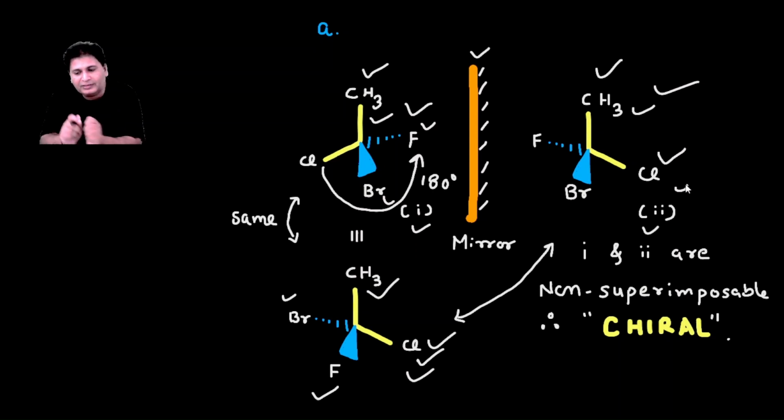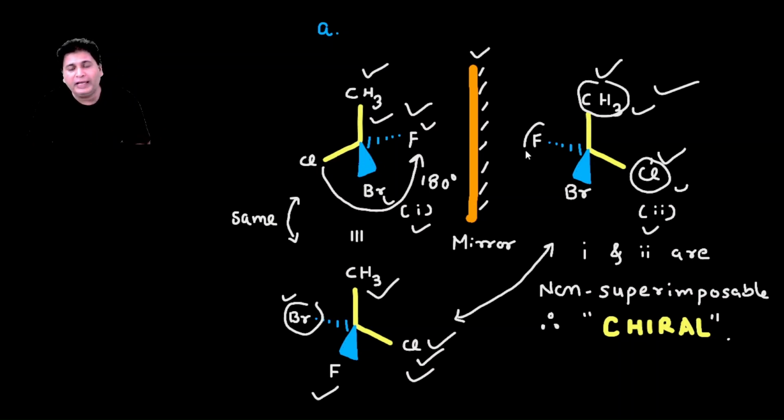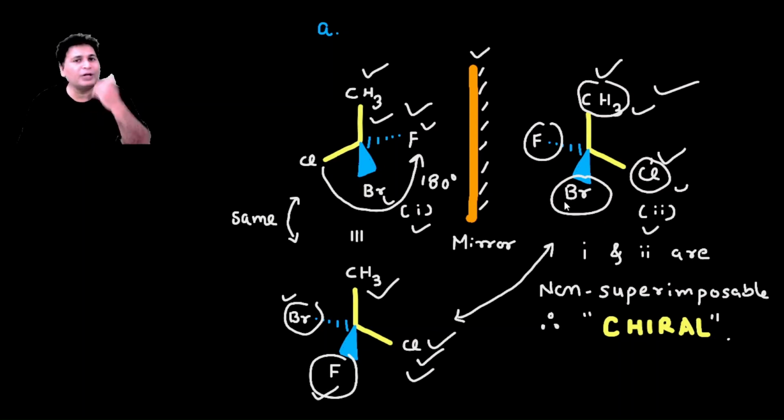The methyl is going to be sitting on methyl, the Cl on Cl, but in that course the Br will sit on fluorine because both are going inside, and fluorine will sit on Br because both are coming outside. So although the two sat on each other ditto, the other two were missing out.